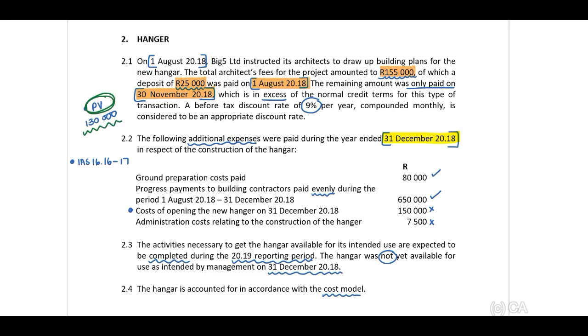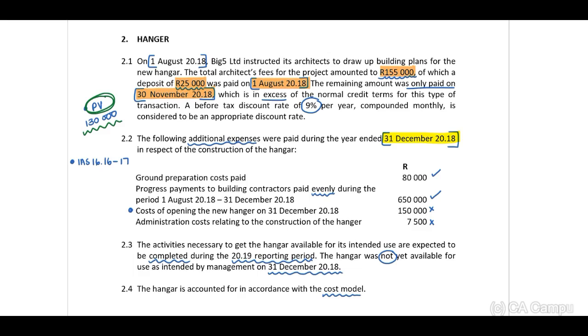On a new page, guys, calculation number 13 in terms of my hangar. Okay, so I know that I have already paid my deposit, and this will be the 25,000. On the remaining value, which is the future value that will be paid in November, and this is 130,000, guys.